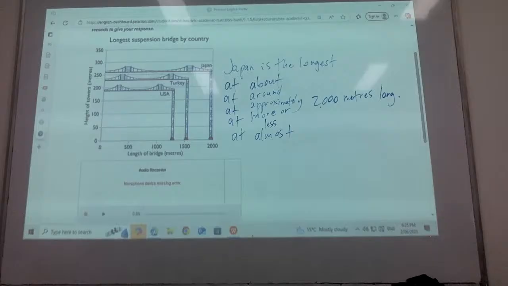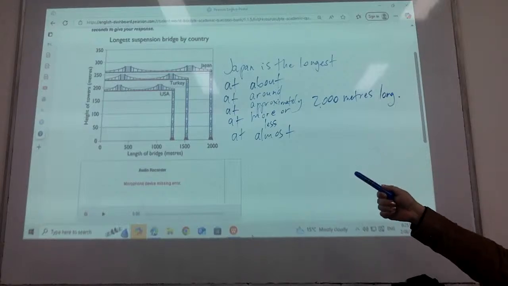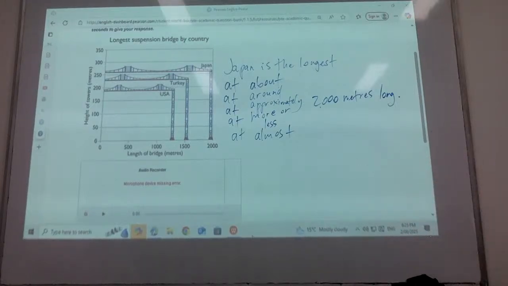The Japanese bridge is more longer than USA. No, you can't say more longer. We just talked about the rules. Is long a short or a long word? Long. How many syllables? One. It's longer.